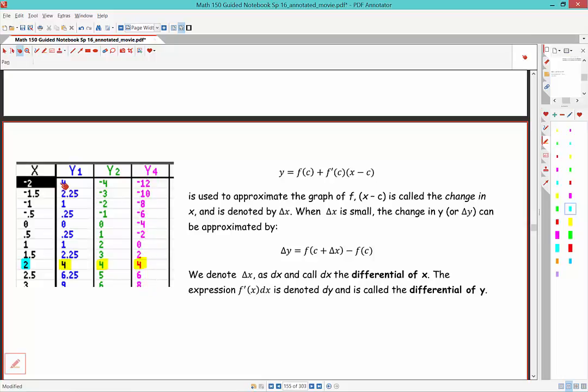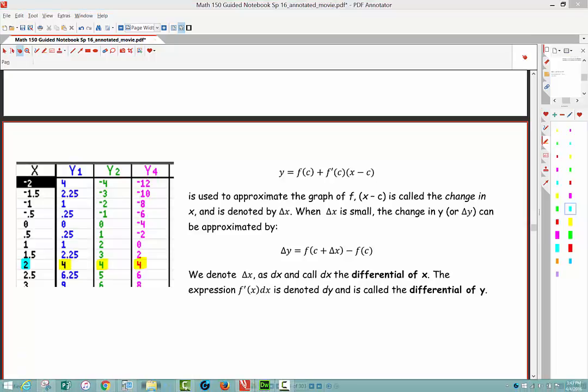So here, do you see you have 4 and a -12, a little closer to 2, you've got a 1 and a 0. That's closer. Then you've got 2.25 and 2. And right here, right at x is 2, this is a perfect approximation for the y value of the original function. Okay? So let's take a look at the graph as well.